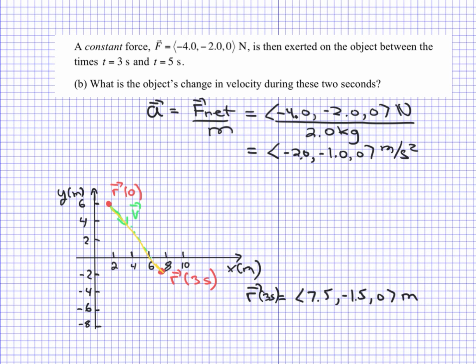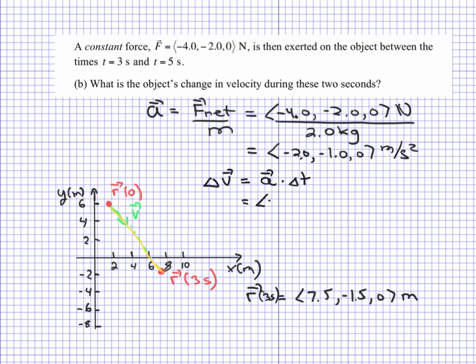And once we know the acceleration, it's easy to answer the question that's being asked here, which is what is the object's change in velocity during this window of time? Well, for an object undergoing constant acceleration a, delta v, the change in velocity, is just that acceleration times the duration of the time interval.